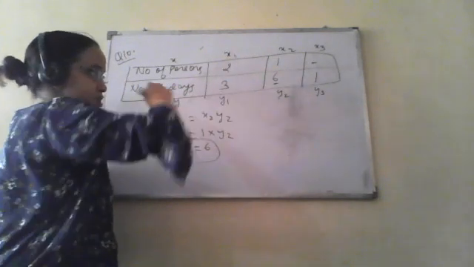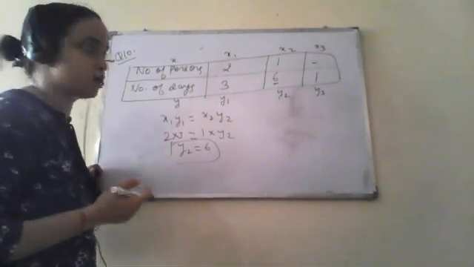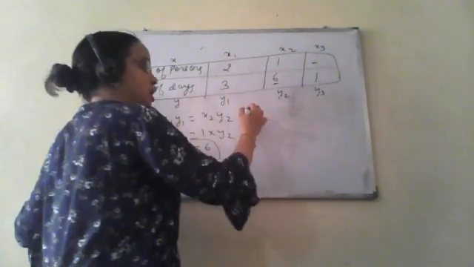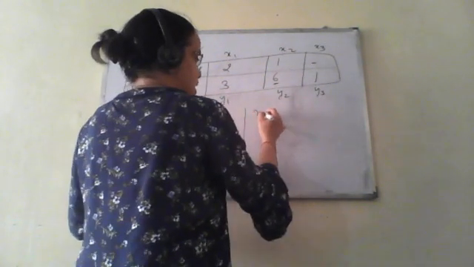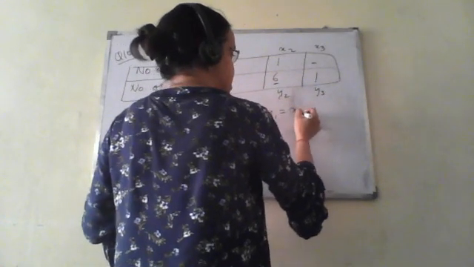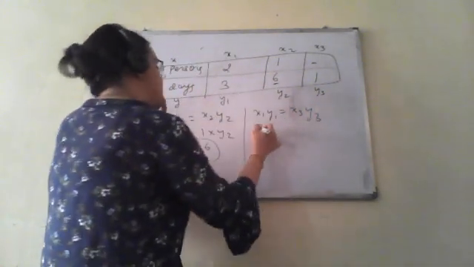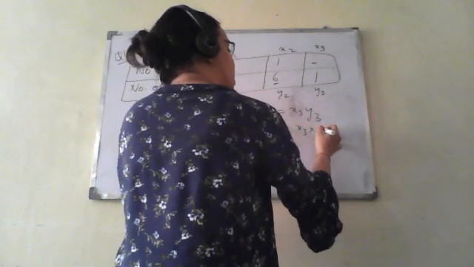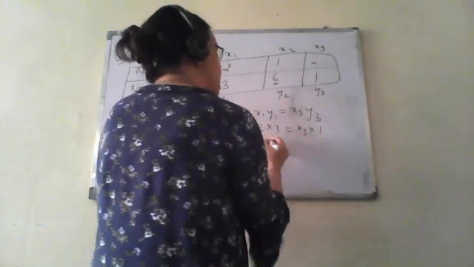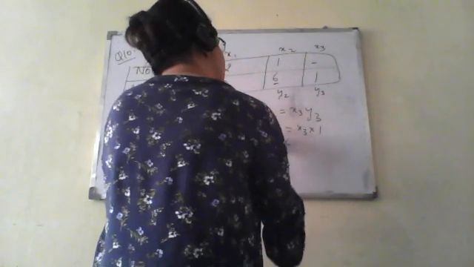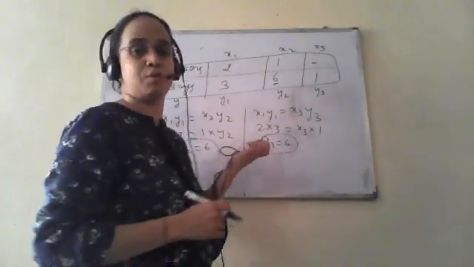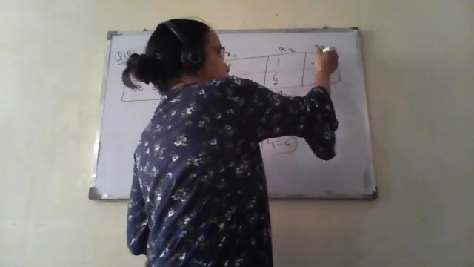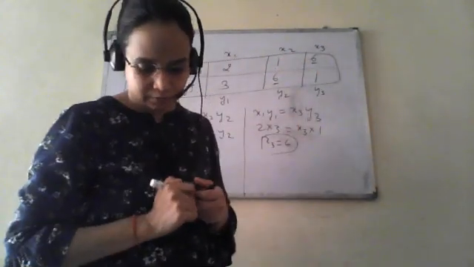So when one person fell ill and only one person is working, the number of days required is 6. Now the second part is x1 y1 equals x3 y3. So it is 2 into 3, x3 we have to calculate, y3 is 1, that means the number of days is 1. So x3 equals 6. That means if the window has to be fitted in 1 day, we require 6 workers. Clear?